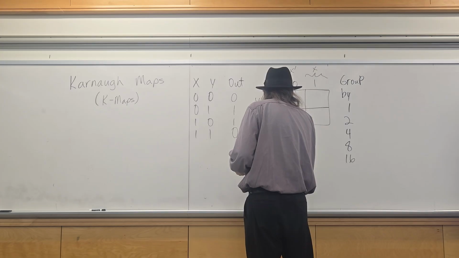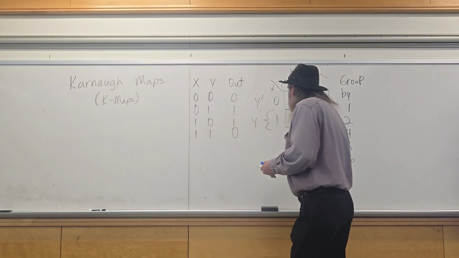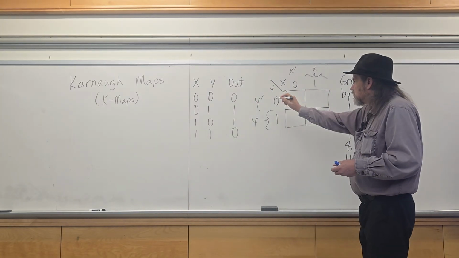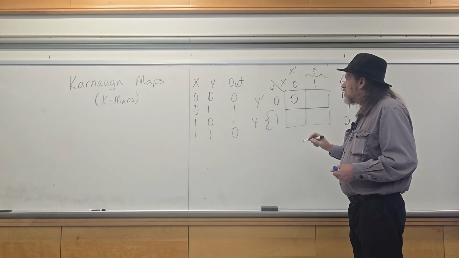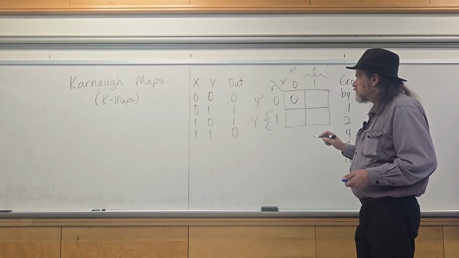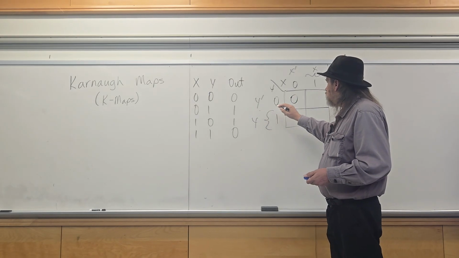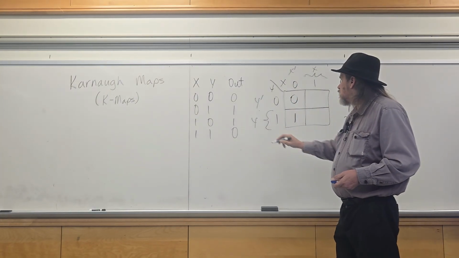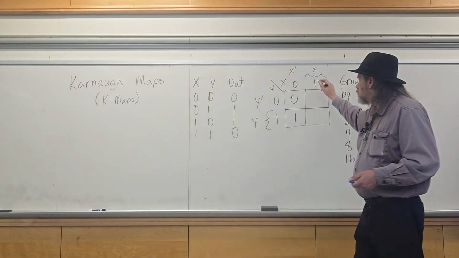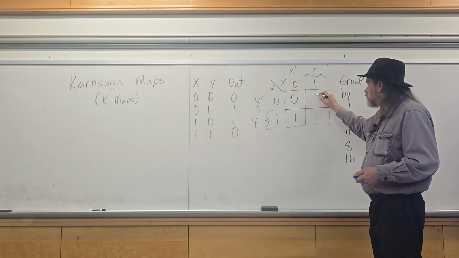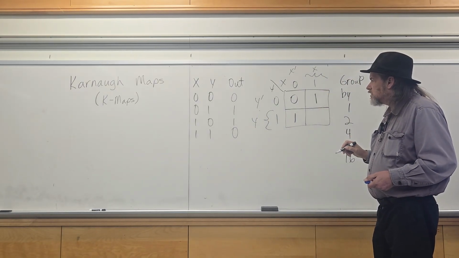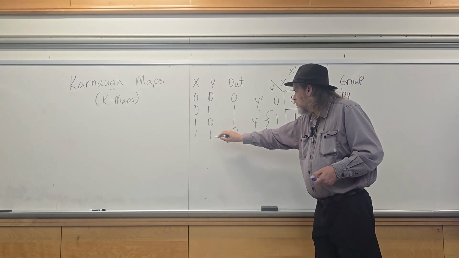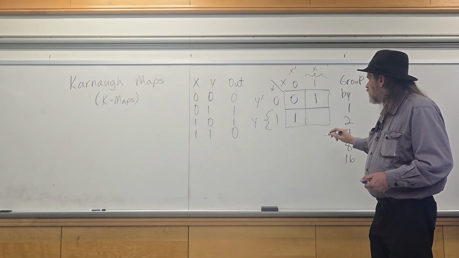But 0, 0 is going to be 0. 0, 1 is going to be a 1. 1, 0 is going to be a 1. And 1, 1 will be a 0.